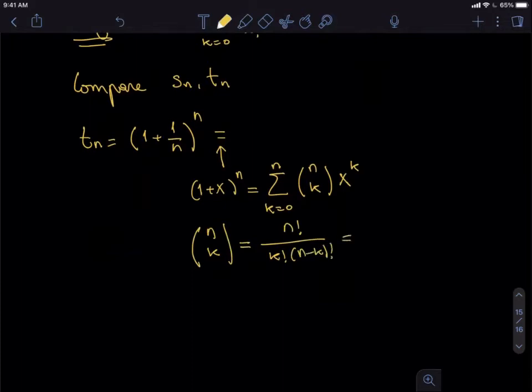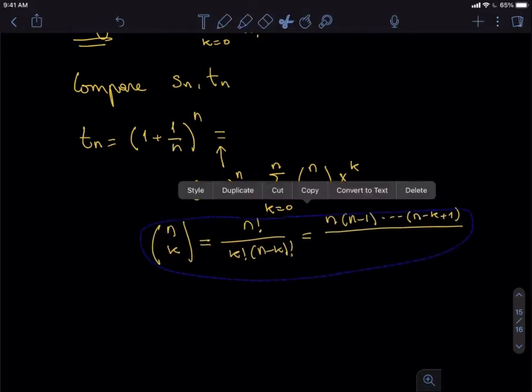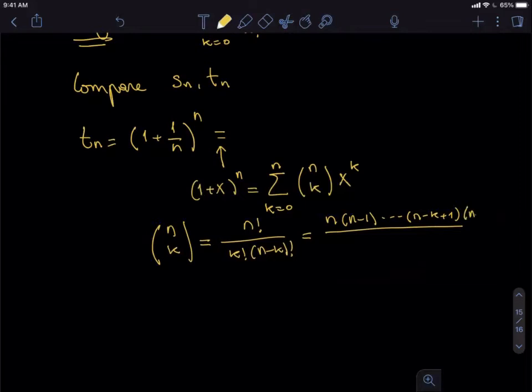So this is equivalent to n times n minus 1 times n minus 2 and so on. We will stop at n minus k plus 1. Okay, because then the next one is n minus k factorial that we can just cancel out. Let me actually do that, n minus k factorial, and then here we have k factorial, n minus k factorial, and these two cancel.